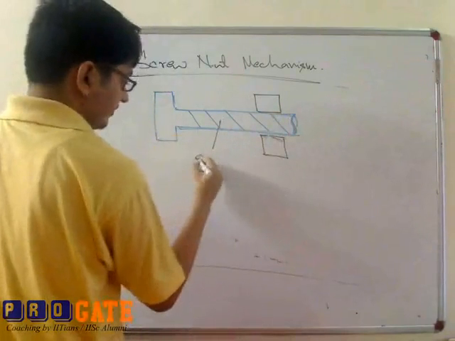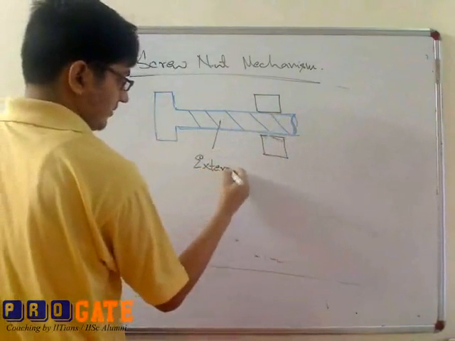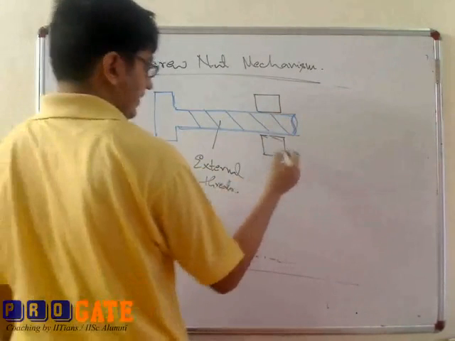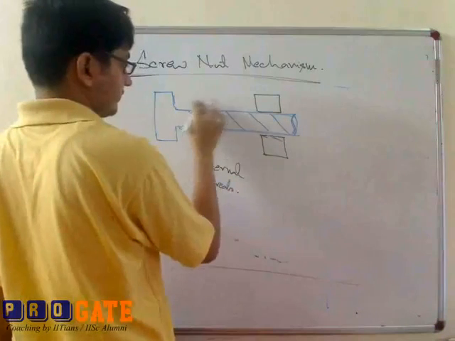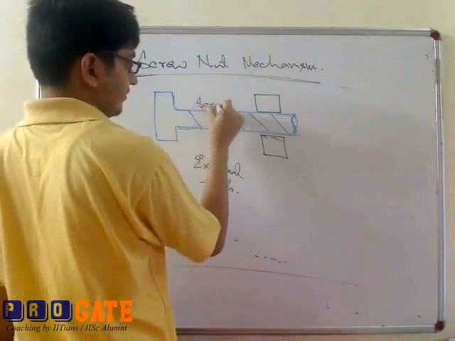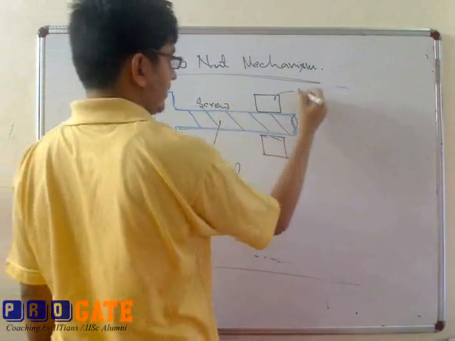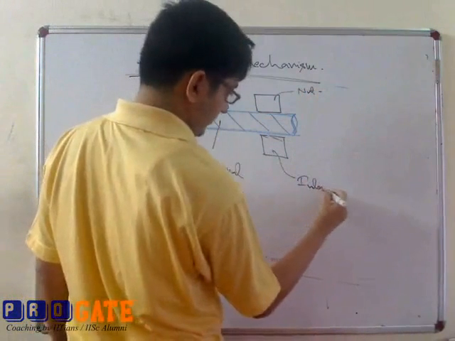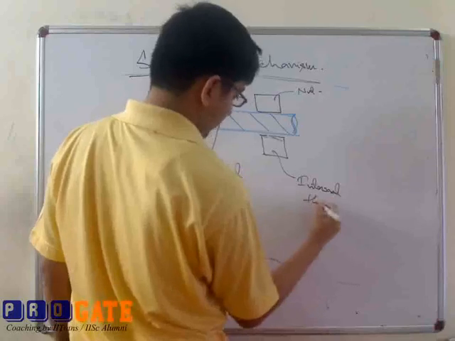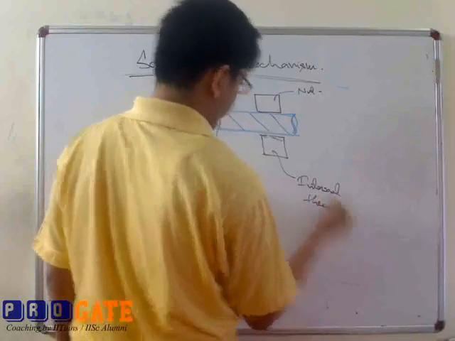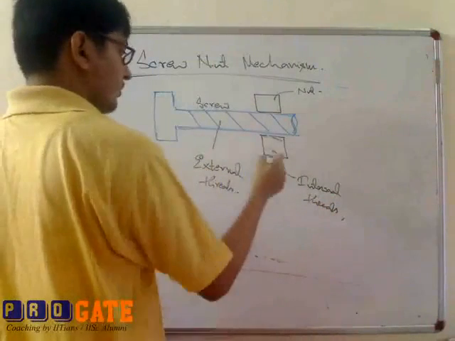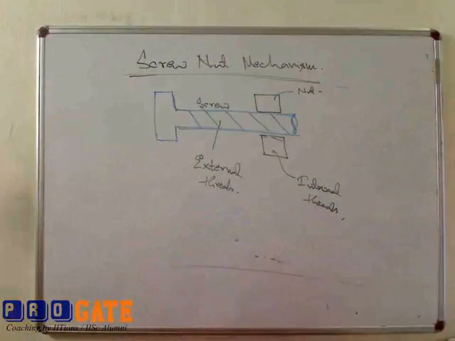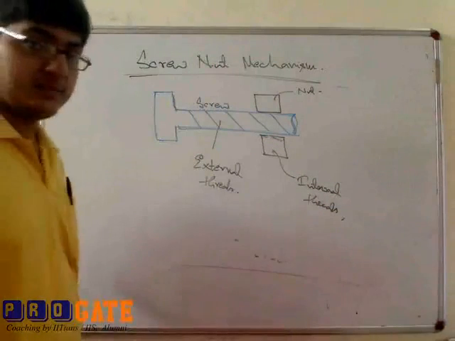In this screw it is external thread. In this nut, this is screw. This is nut, and in this nut, internal threads. Now, if you rotate this screw, so when this is free, this is a kinematic chain.